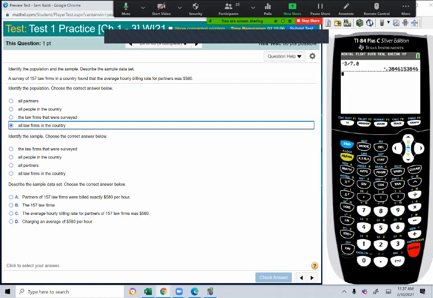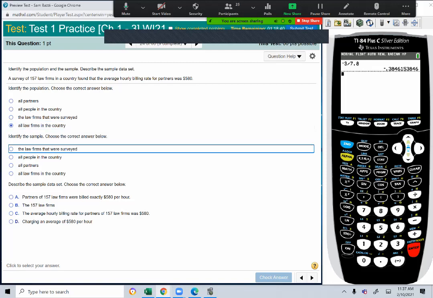And the sample will be which one of the four? All law firms in the country, that's the population. Not all the partners. No, that's not what we surveyed. The sample is what we used. Law firms that were surveyed. Exactly. He tricked you. He didn't put the number, but it's the law firms that were surveyed.